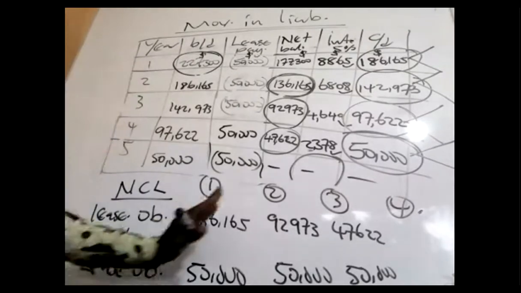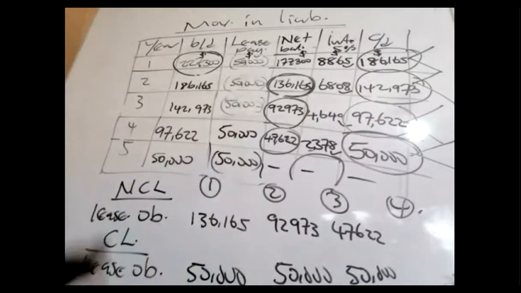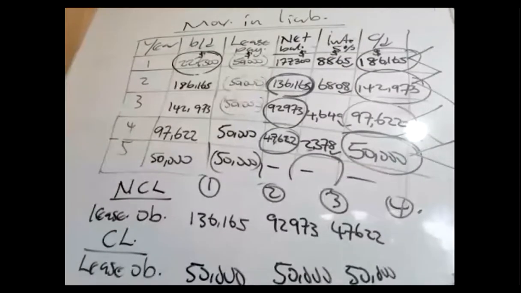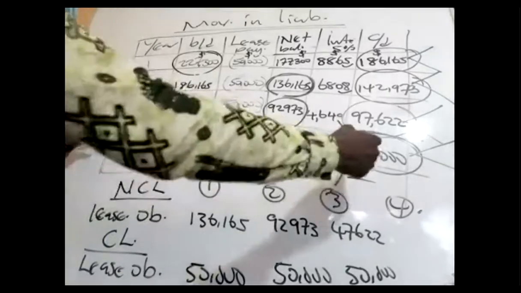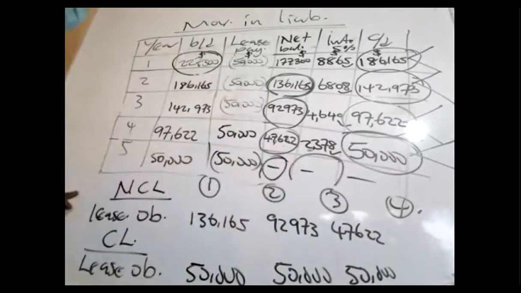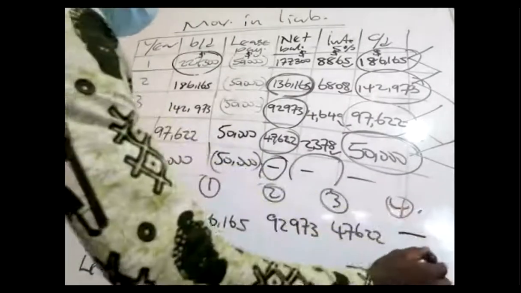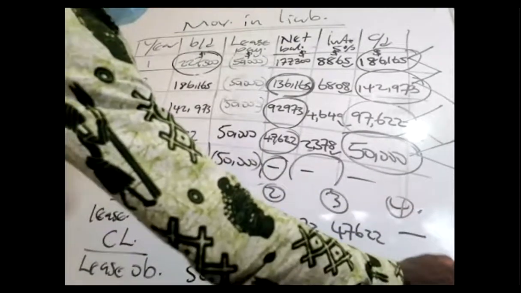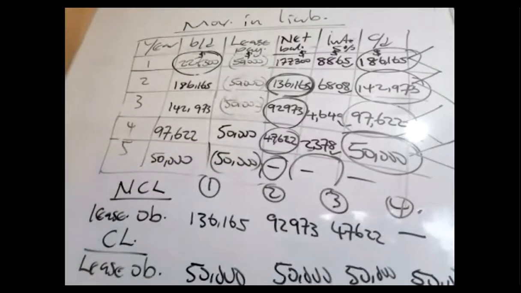I've gone through all 3 years for you. So what happened is this. For the non-current, go to the next year: the balance left after the last repayment is 0. The non-current becomes 0. Current is 50,000. And then the last year, 0, 0, 0, 0.